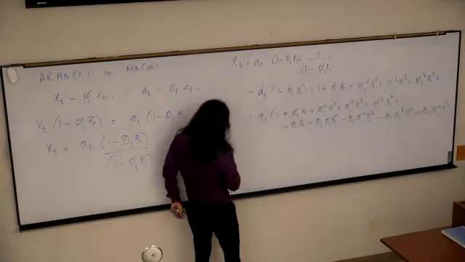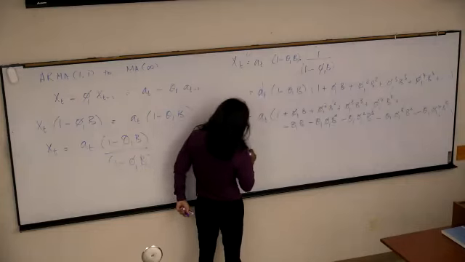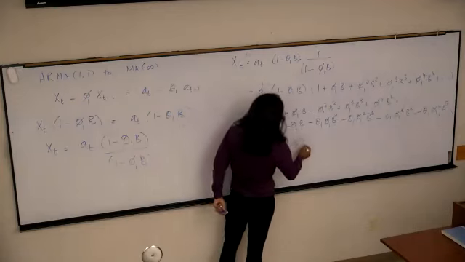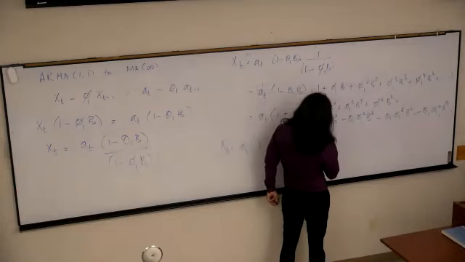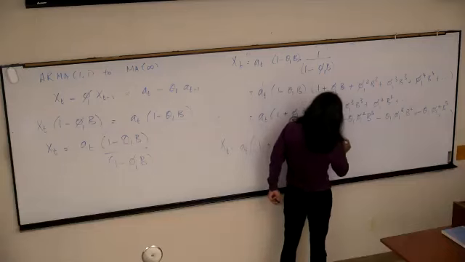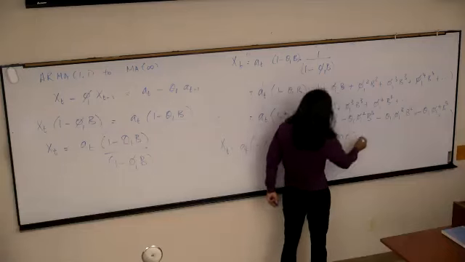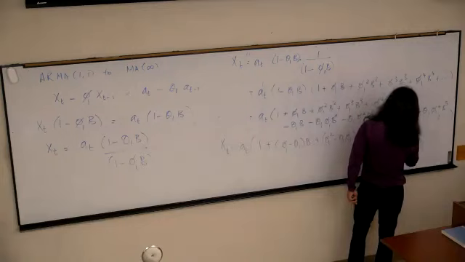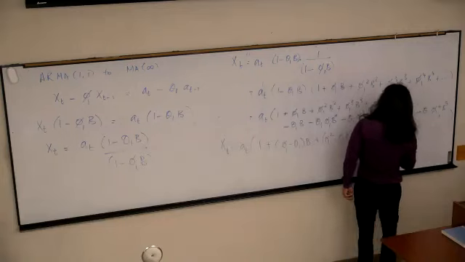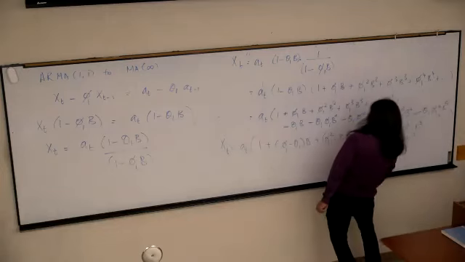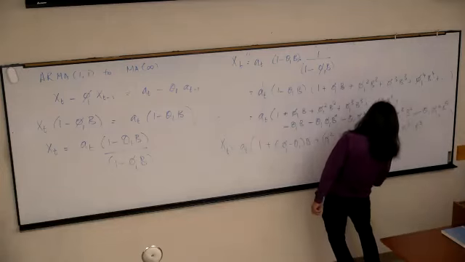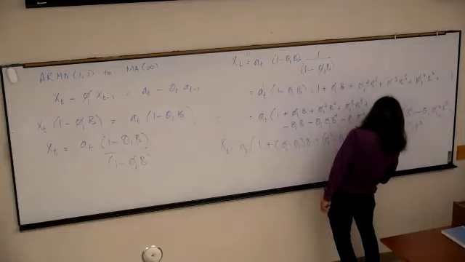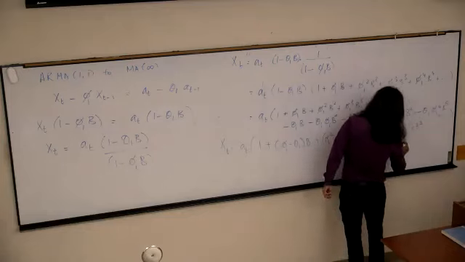Combine like terms, so Xt would equal at times 1 plus phi1 minus theta1 B plus phi1 squared minus theta1 phi1 multiplied by B squared plus phi1 cubed minus theta1 phi1 squared times B cubed plus phi1 raised 4 minus theta1 phi1 cubed times B raised 4 plus dot dot dot.